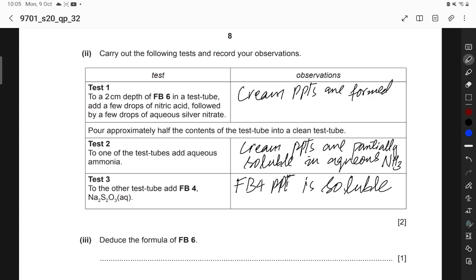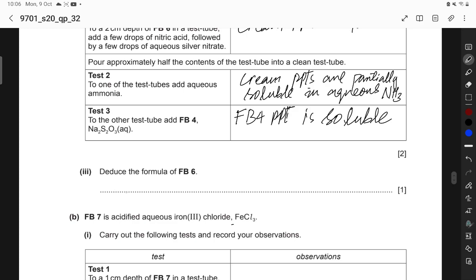So the FB4 precipitate is soluble. So the cation is the ammonium ion, because ammonia gas is evolved when sodium hydroxide is added and the solution is warmed.